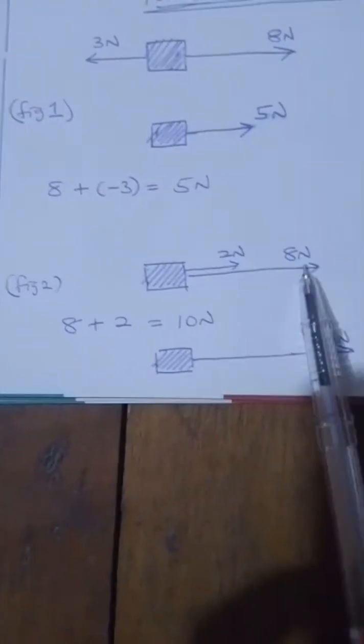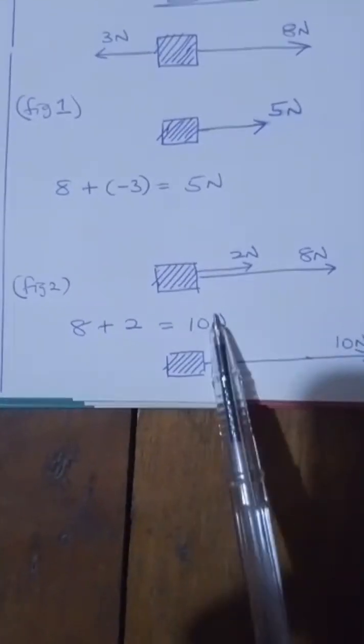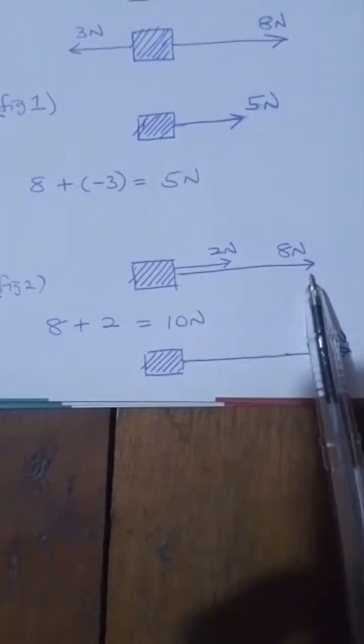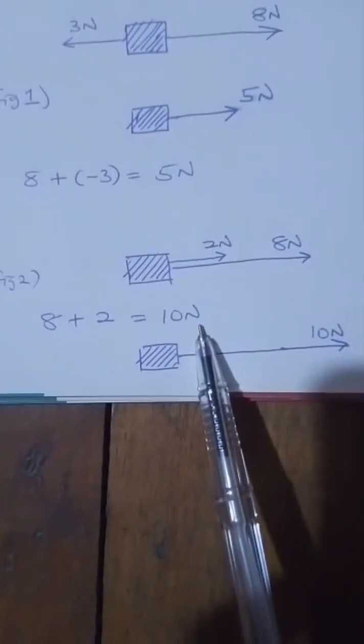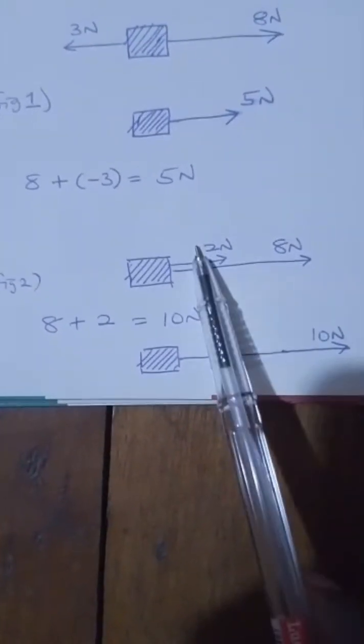Because they're in the same direction, they compound, they add up. The compound effect is 10 Newton. So this box will be moved in the eastward direction, that's to the right, by this single force. So this single force, 10 Newton, is the resultant of these two forces, 2 Newton and 8 Newton.